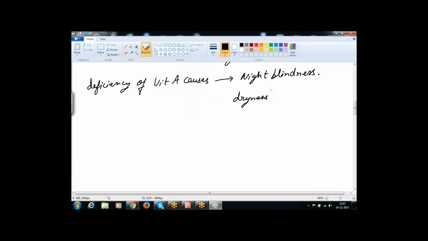Conjunctiva is the superficial layer, and cornea, and this is called keratomalacia.